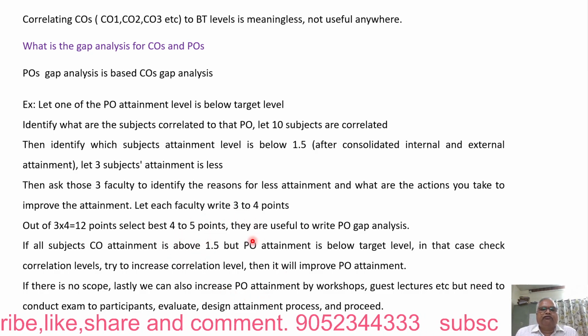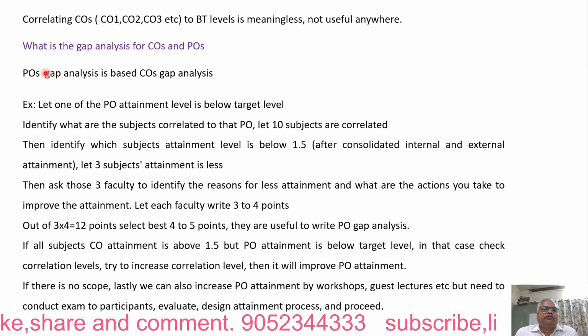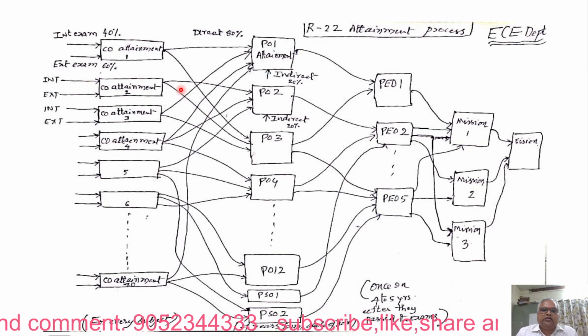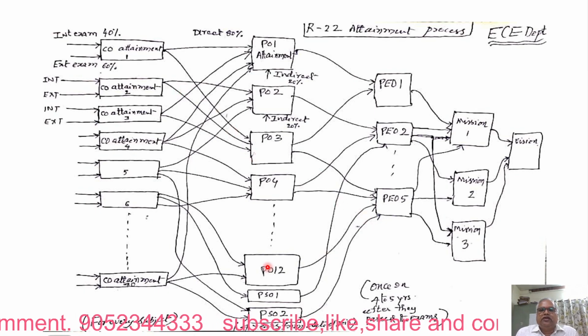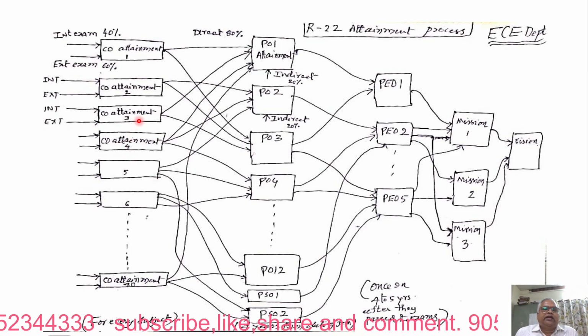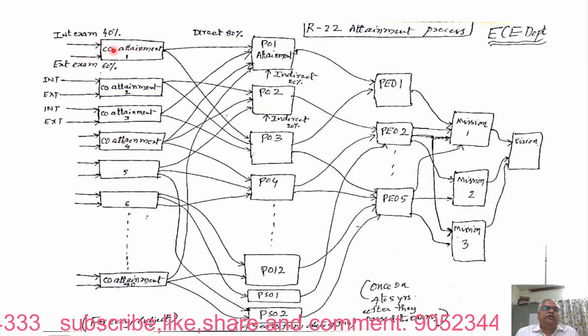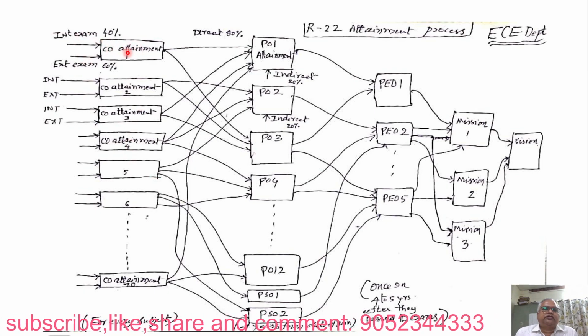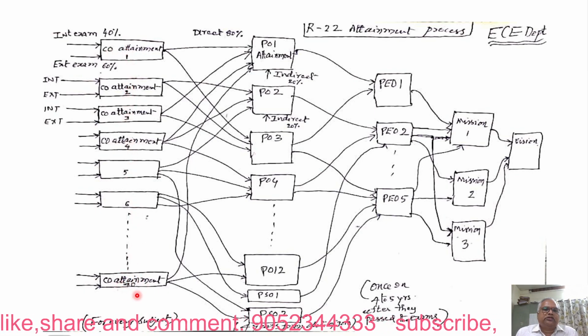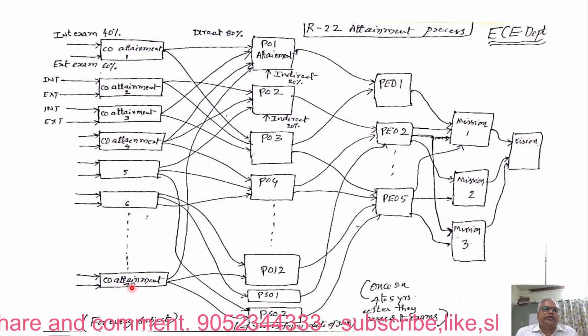So that is the idea or concept of PO gap analysis based on CO gap analysis. This gives a pictorial view of the entire process of how we do attainment. First CO attainment: the number of COs means subjects, subject 1, 2, 3 and so on. There are totally 40 subjects, approximately over 4 years together.